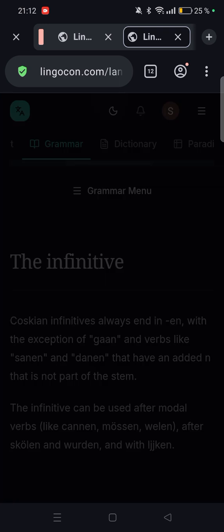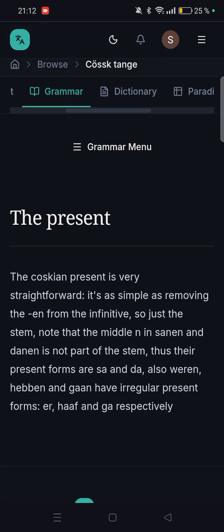Okay, now we get to the present. Like I said, you remove the n, which gives the stem. And like I said, with sanen and danen, the n is not on the stem, so it's sa, da. And we have three irregular verbs. Veren, the copula, of course it's irregular. Hebben, a common verb, of course it's irregular, in English it is as well. And gan.